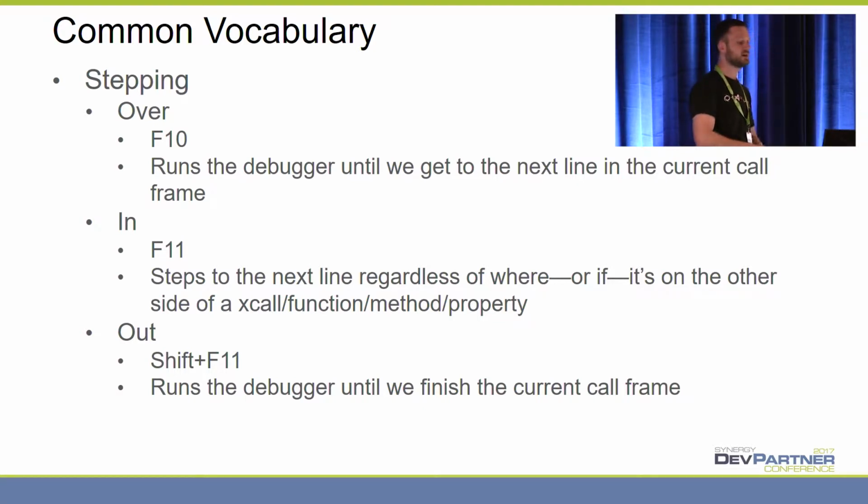Step out is Shift F11, and if you are inside of that X call, it will get you outside of that X call. So these are all functions and features that are built into the traditional debugger that you guys are used to, but not everyone knows about these features, and I'm just trying to map them into Visual Studio terminology for you.